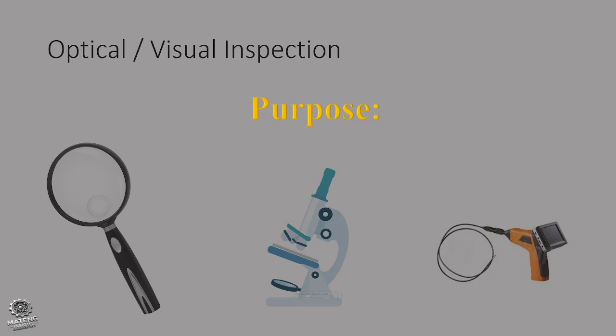The purpose and aim of this method is direct identification of visible defects such as cracks, scratches, corrosion, and contaminants. Detecting capability depends on the optical resolution of the system and the lighting condition.